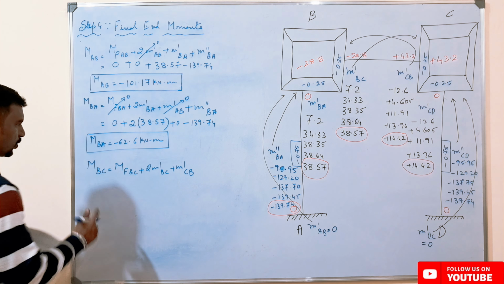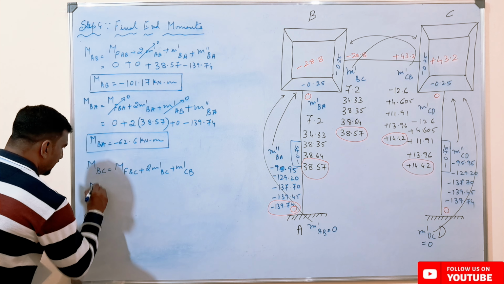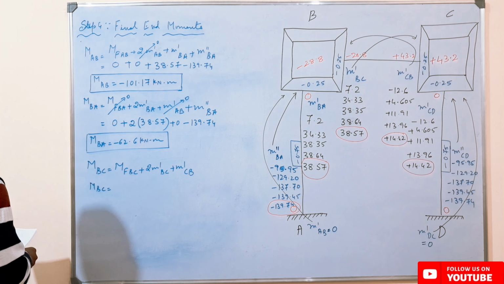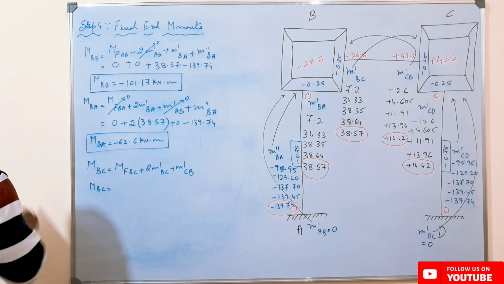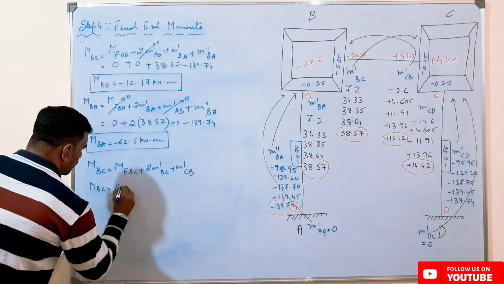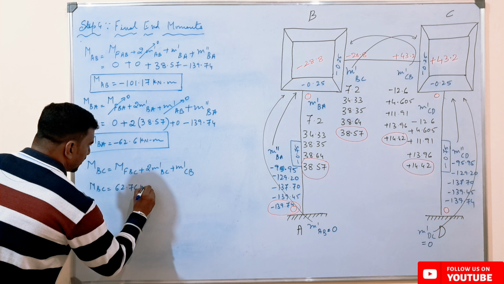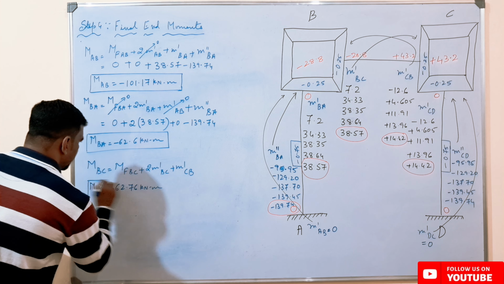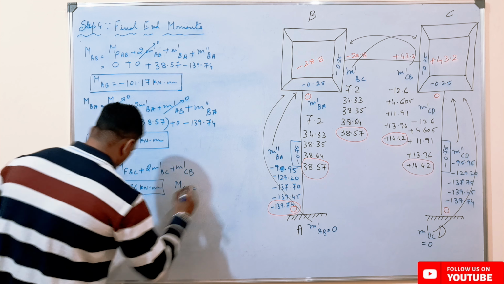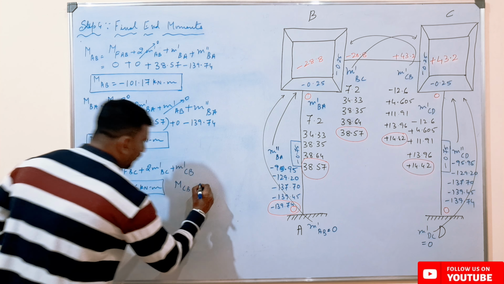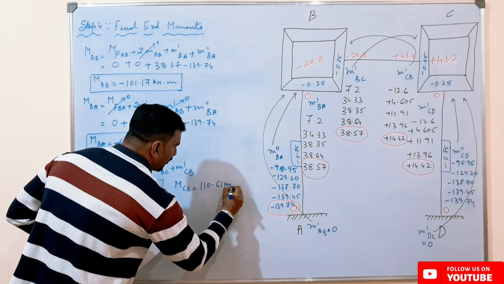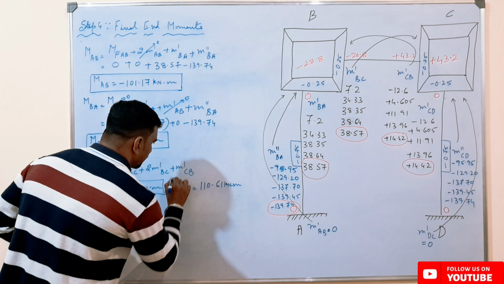The final end moment from B to C has a value of 62.76 kilonewton meters. Similarly, the final end moment from C to B has a value of 110.61 kilonewton meters.